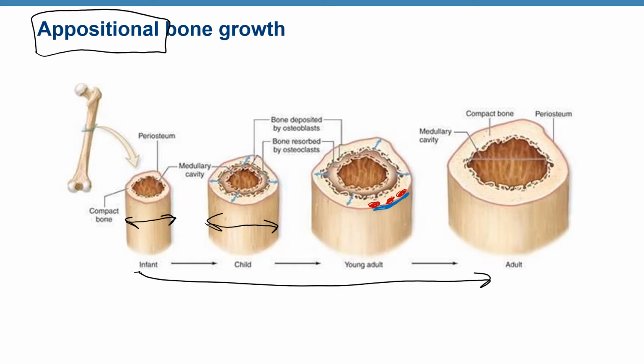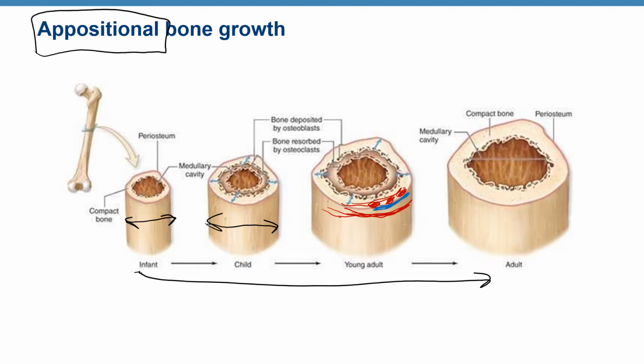And these osteoblast cells can secrete bony matrix, and they're gonna deposit it in the layers called circumferential lamellae, right?